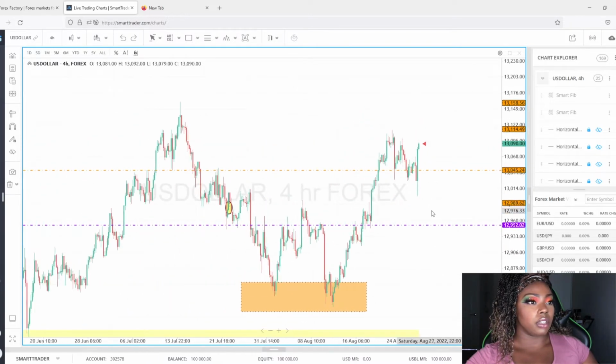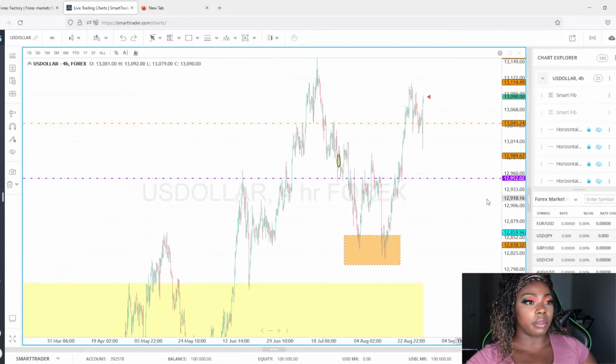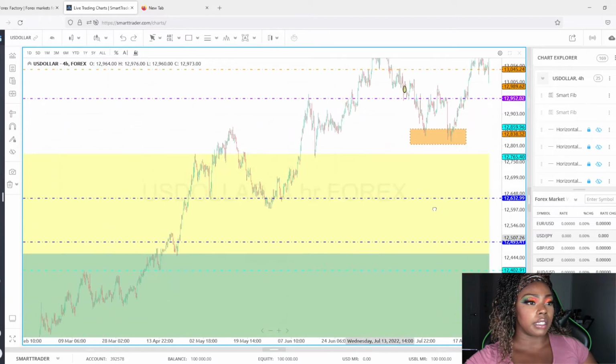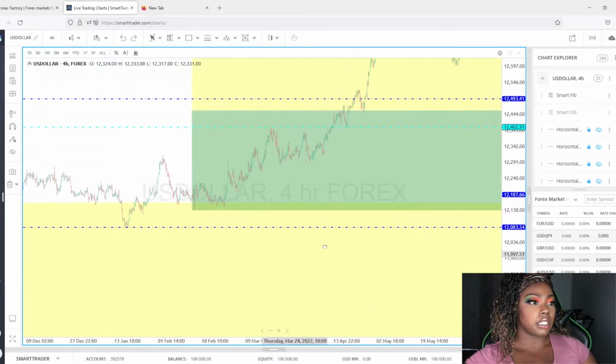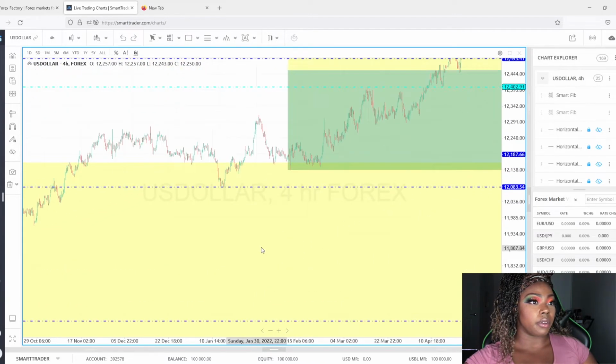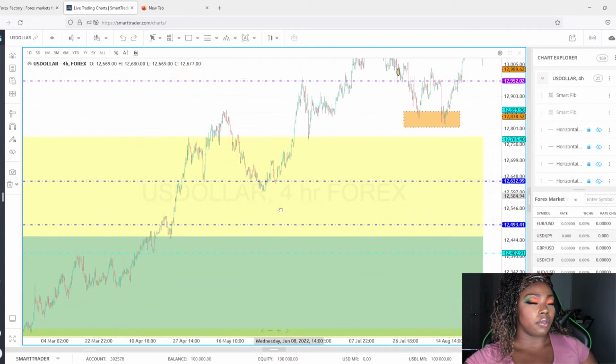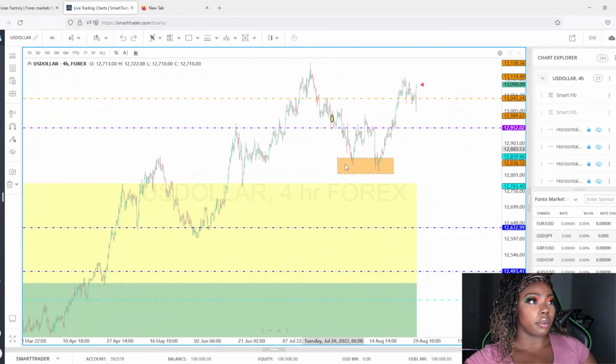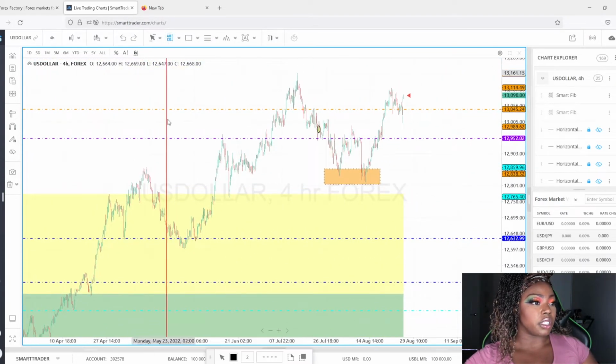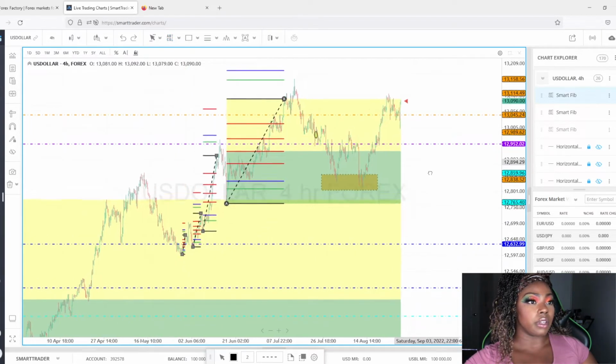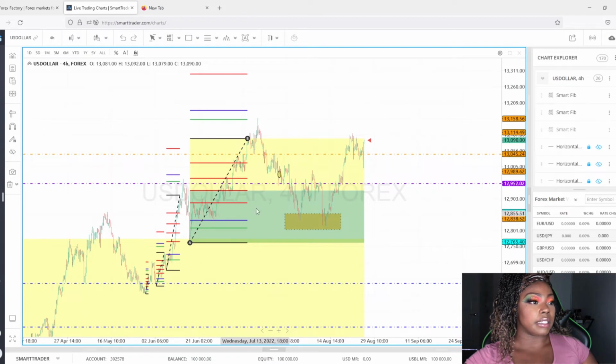So let's see, on the fib level, let me see where we are. I know for these two for sure it's gonna get broken, but we'll do it just for best practices. Cool. So now we can see on our 4-hour fib level, price did retrace to the 786 zone.